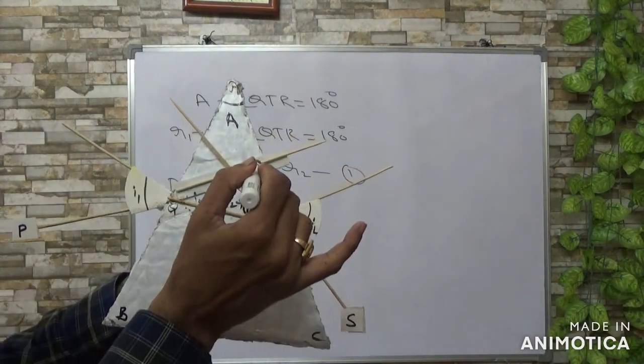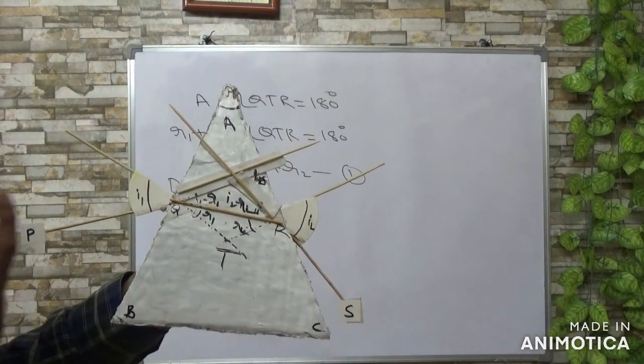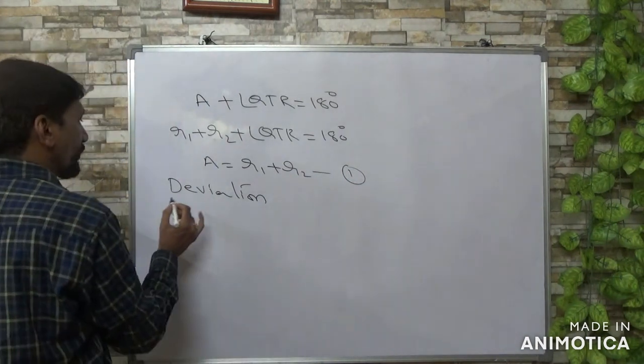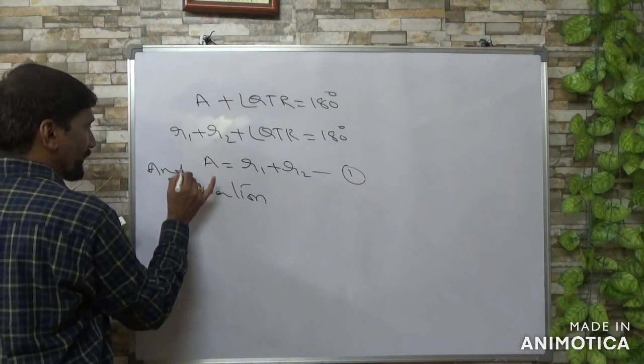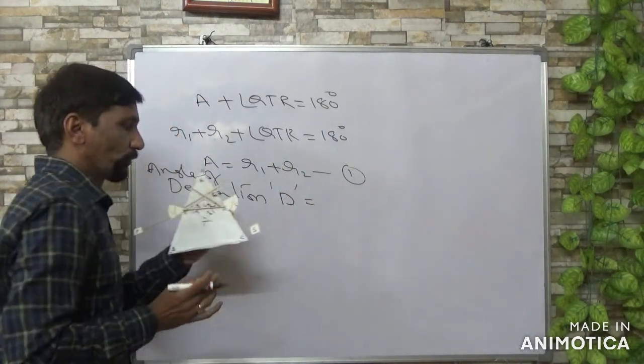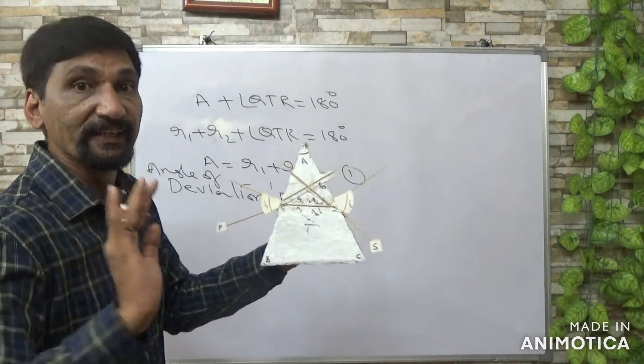If you notice, this deviated angle is equal to the sum of the two opposite interior angles, because it is an exterior angle now.